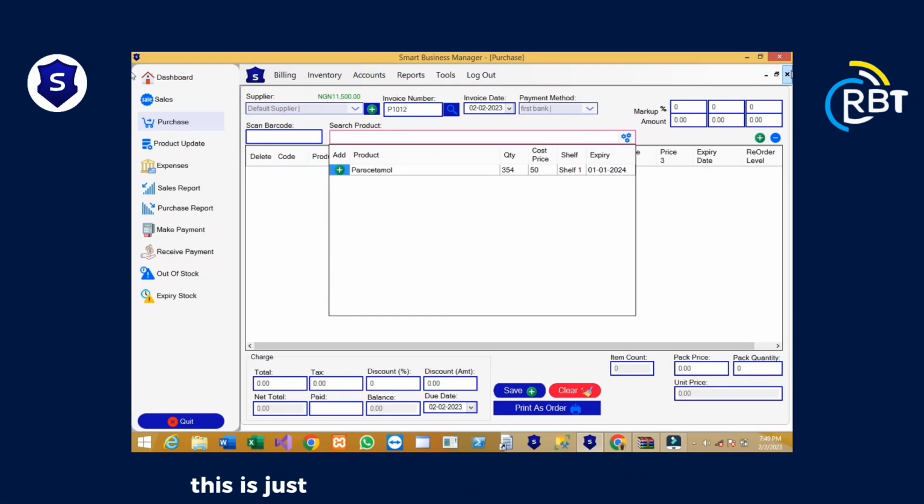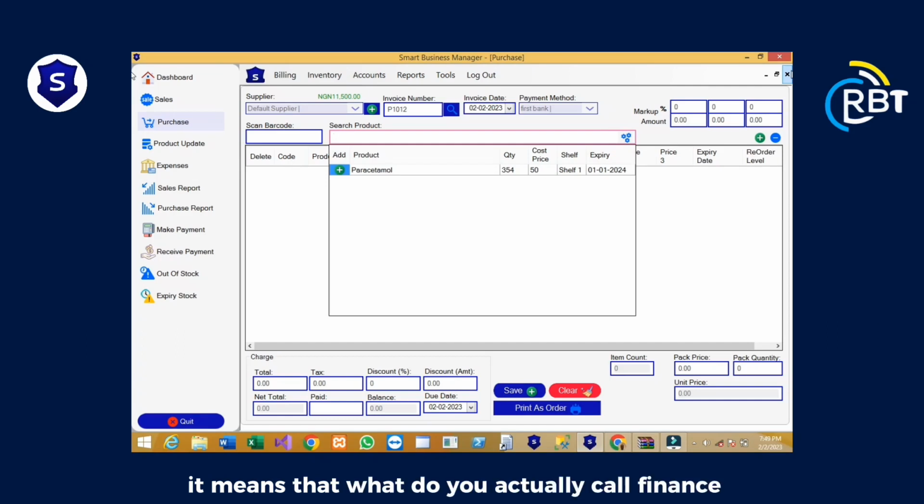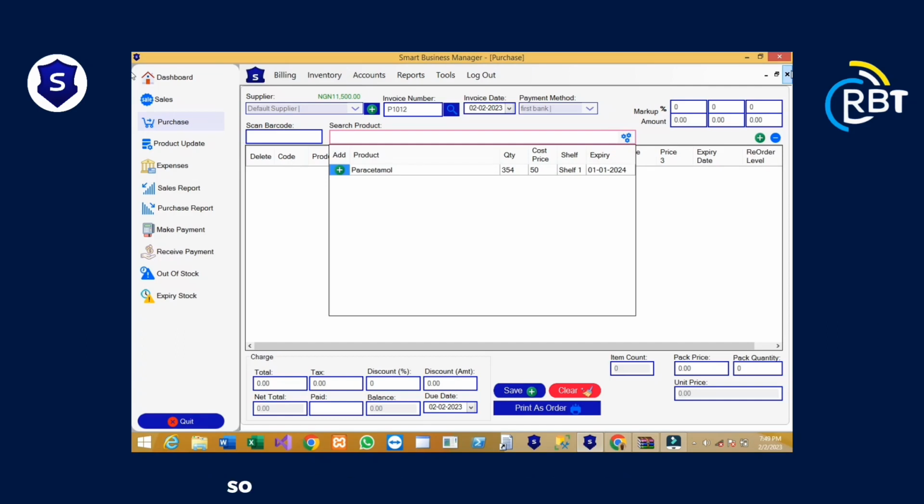So this is just a simple way of managing your finances. What do you actually call finances? Actually your money, right? So how your money goes into your bank and your cash and your POS, if you're able to track it inside your transactions, like when you are making, of course, what do you do in your business?